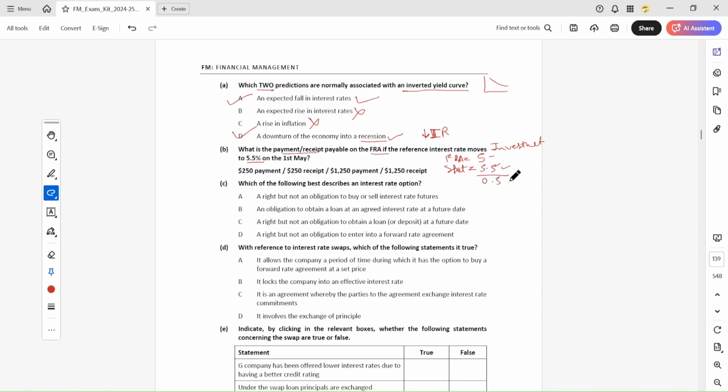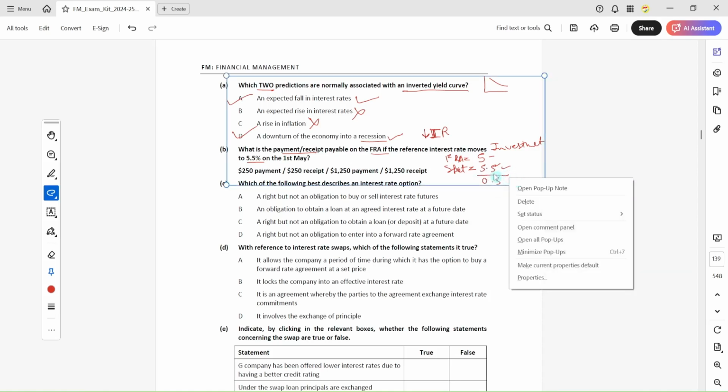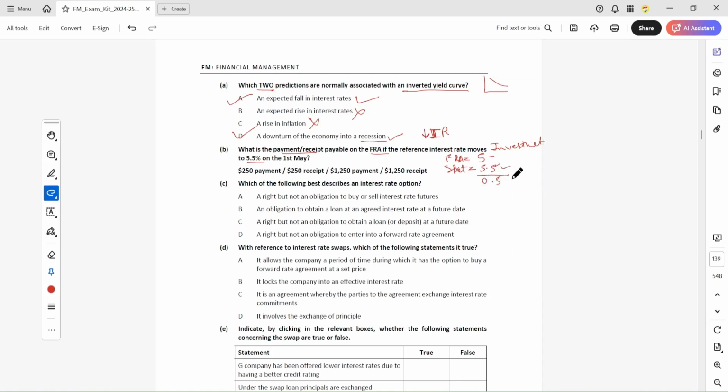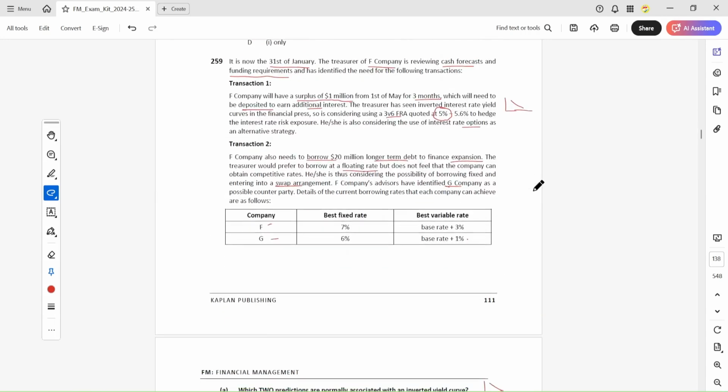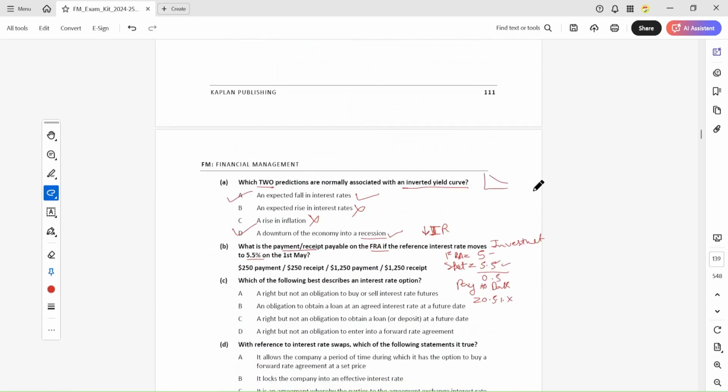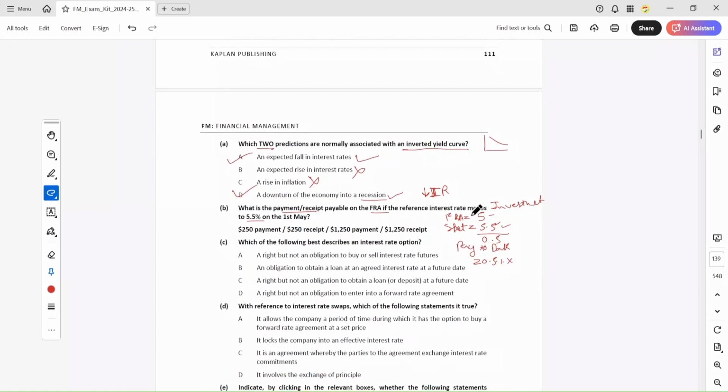How much higher? 0.5% higher interest rate we are getting. So we have to pay this to the bank, 0.5% on 1 million for 3 months, right?